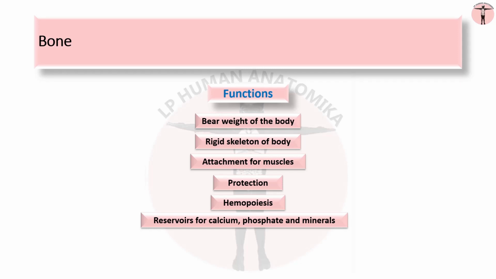Almost all, that is 99%, of the calcium in the body is stored in the bones. The body receives some of its daily calcium needs from this source. Calcium is essential for muscle contraction, blood coagulation, cell membrane permeability, transmission of nerve impulses, and other vital functions.